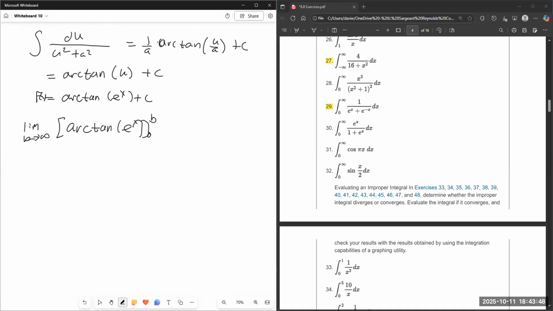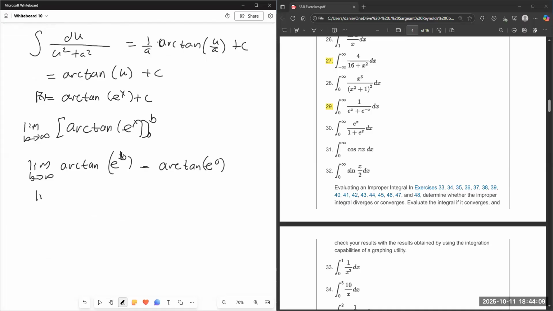It's going to be limit b goes to infinity, arctangent of e to the b minus arctangent of e to the 0.